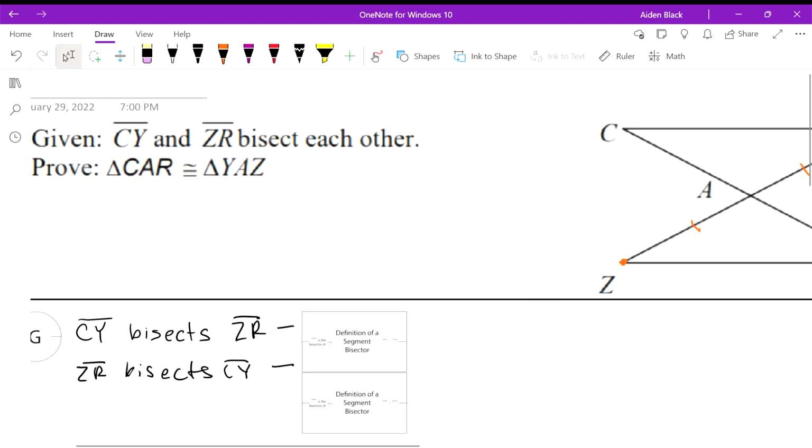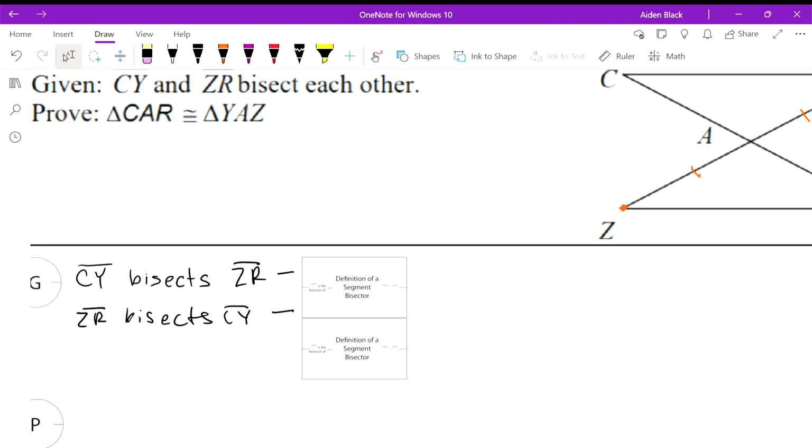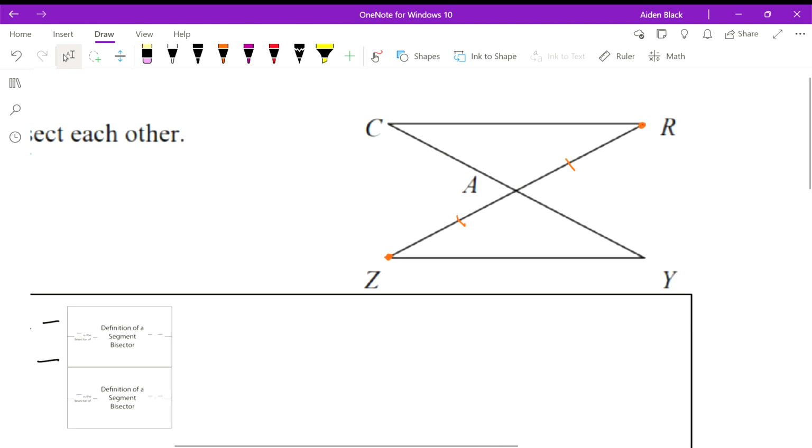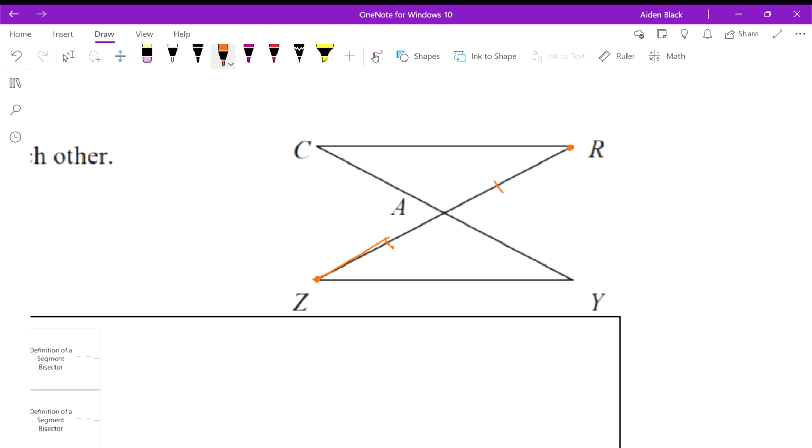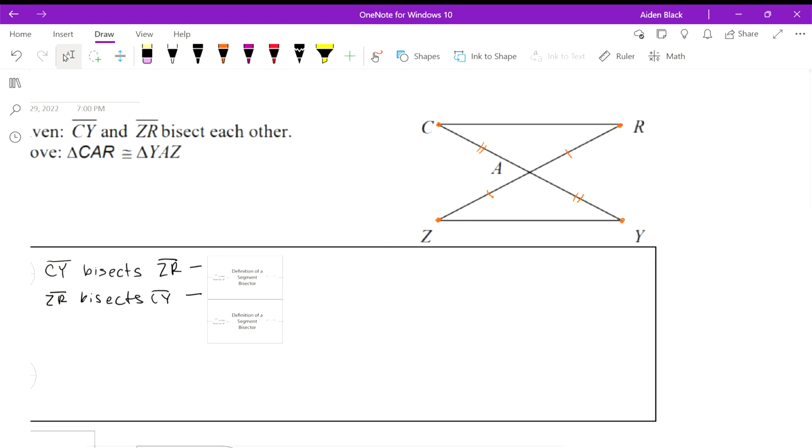Since they bisect each other, we also know that ZR bisects CY. So this line right here bisects CY. So this length is congruent to this length. Cool. So we have 2 bits of information.